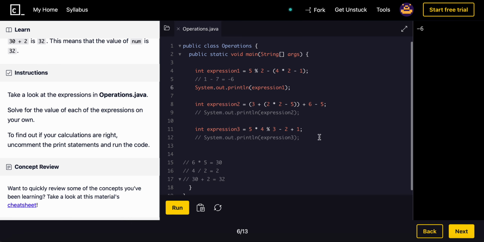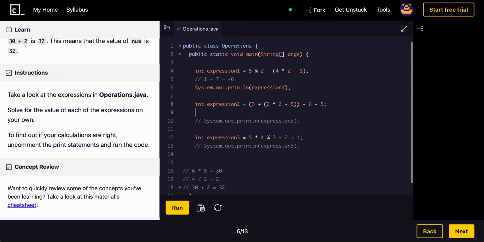All right, and then let's go ahead and solve this one. If you want to do this on your own, pause the video and do some arithmetic. I know it's pretty trivial, but I do recommend you follow along, because the practice really does add up in the long run.